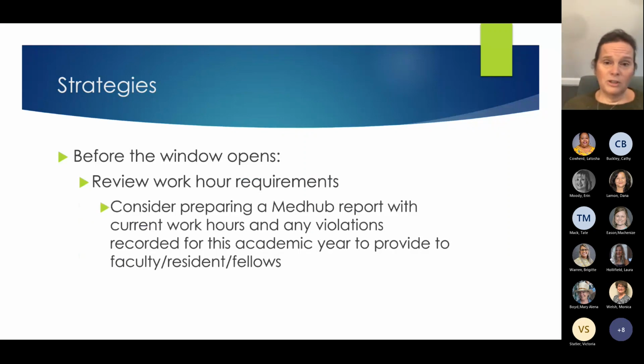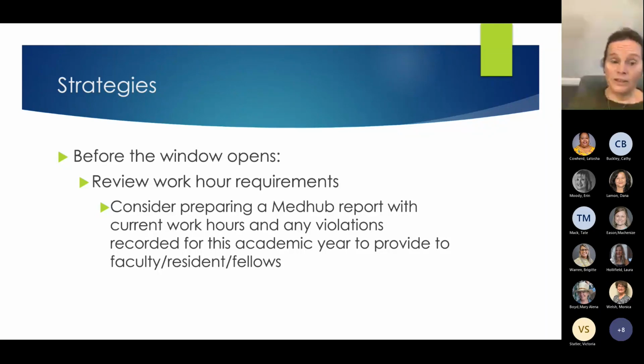If you're like my program and you have this recurrent violation for 80-hour work weeks, but it doesn't make any sense because you look in MedHub and they have like 5 violations for the year, consider going through each of the actual work hour requirements. It is 80 hours a week averaged over 4 weeks.